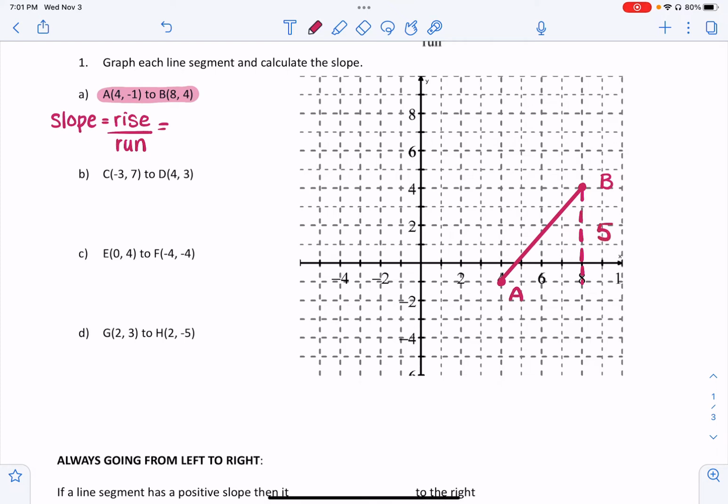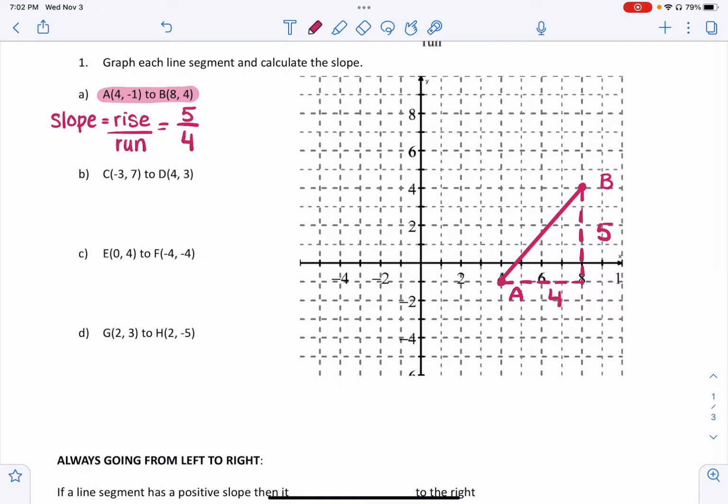It is helpful to label it on the graph just to help you stay organized. So my rise is 5. I can put that in. And now my run. That's the horizontal change. So I'm just going to see how many spots are between A and B horizontally. So we have 1, 2, 3, 4, just like that.